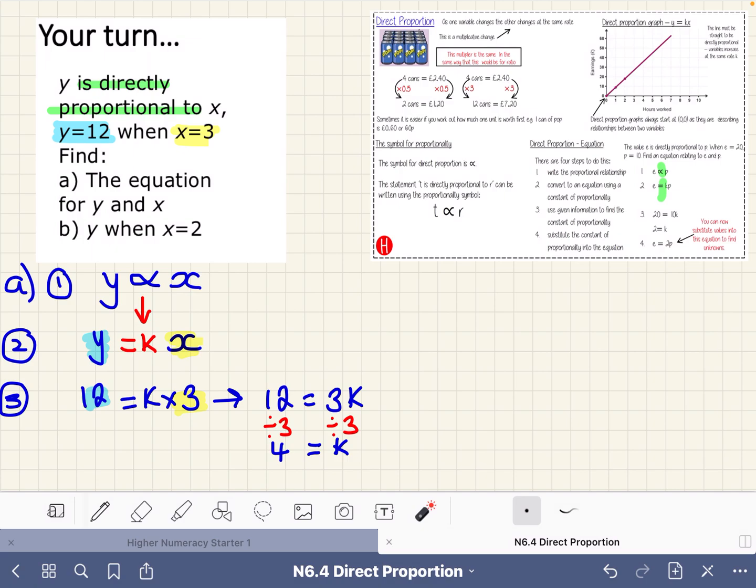So we are using y as it is. This time it's not equal to k because we now know k is 4, and x remains as it is. Part A is now complete, and the answer is y is equal to 4x.